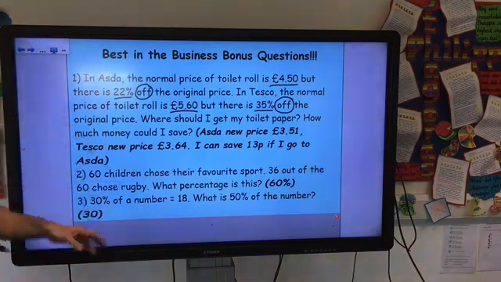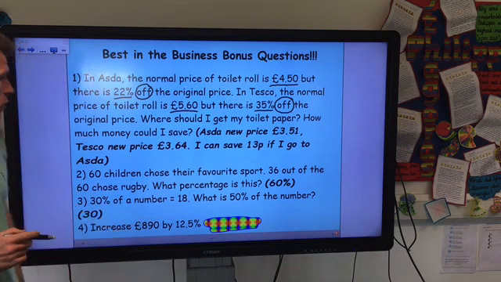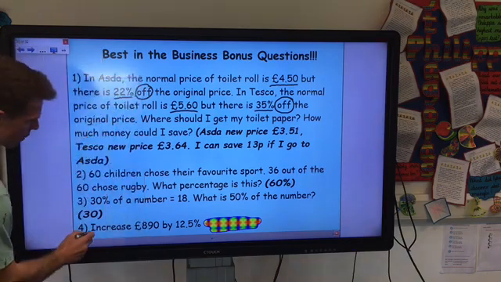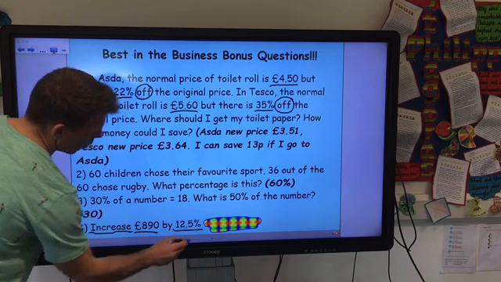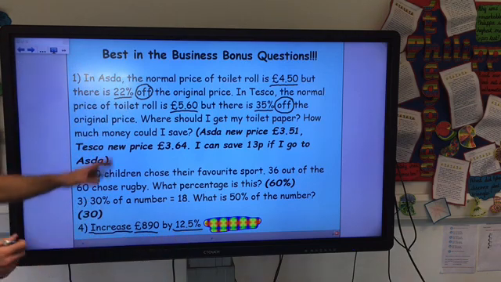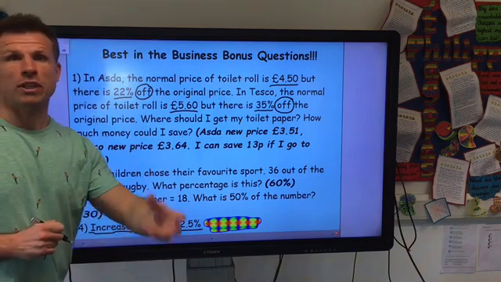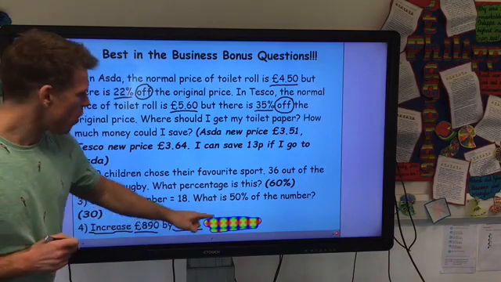Again, if you get a bit confused by that, don't worry too much. It's a slightly different format to the questions earlier. And last one, increase 890 by 12.5%. Increase is a really important word. That word increase is a little bit like the percentages off, but you find the percentage and then you add it on, because increase means to add something on to make it bigger, okay? So how do I find 12.5%?